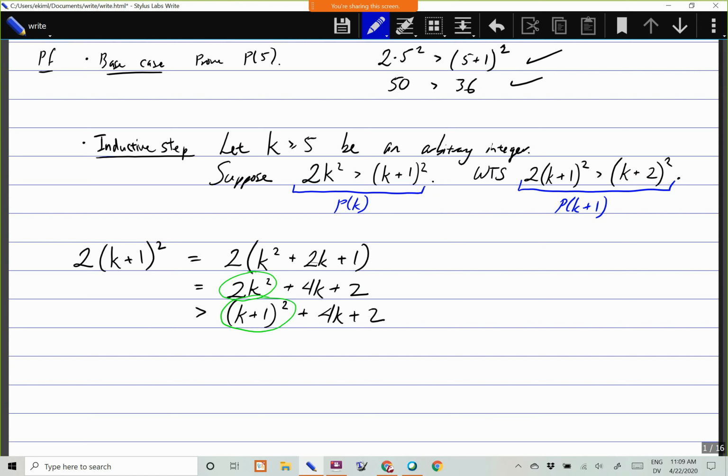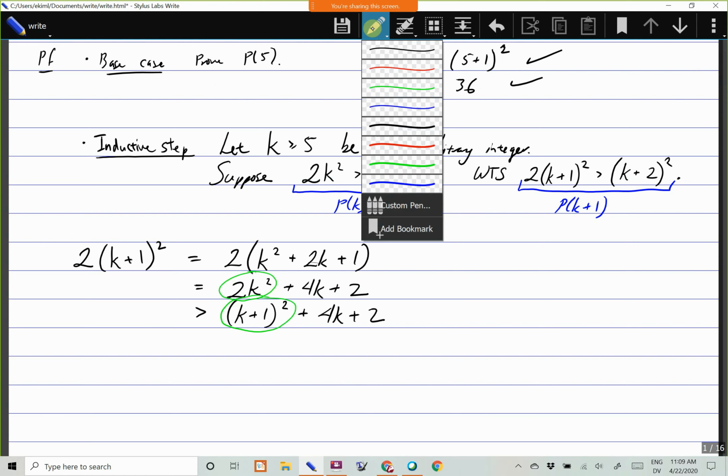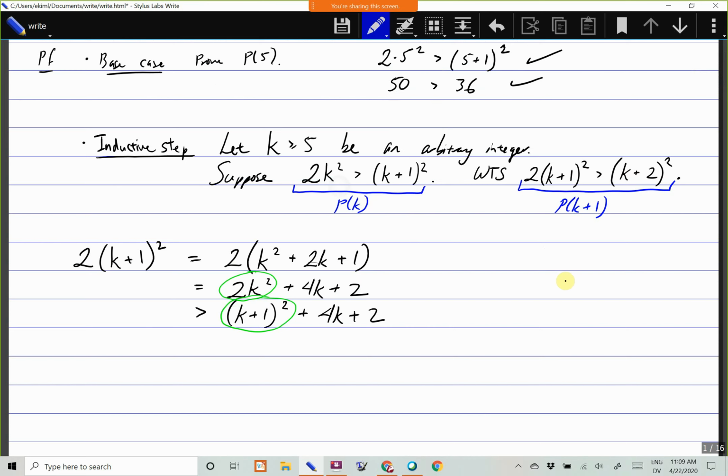And so if you prefer to write a side argument, you could start with 2k squared is greater than (k plus 1) quantity squared. We know that. That's just that. And then you can add to both sides, if you prefer to say it this way, 4k plus 2 to both sides. And adding to both sides of an inequality keeps the direction of the alligator symbol.